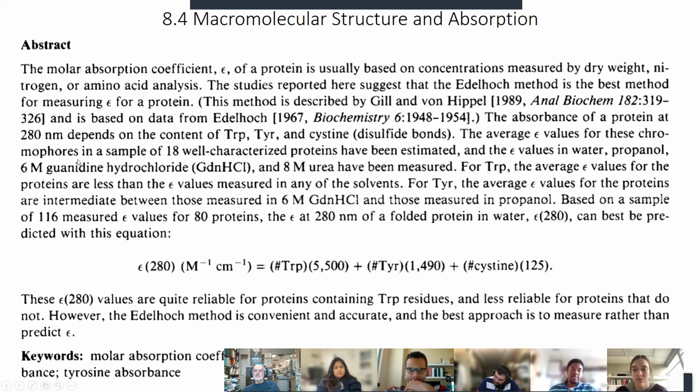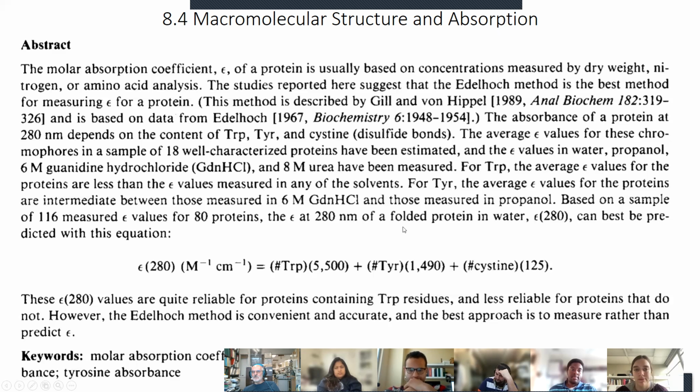Notice the mention up here of guanidine hydrochloride or urea. When you denature a protein, and they compared guanidine and urea and other solvents like propanol, part of the question is, what's the environment, and does that affect the spectra? And therefore, does the solvent that the protein is in matter?